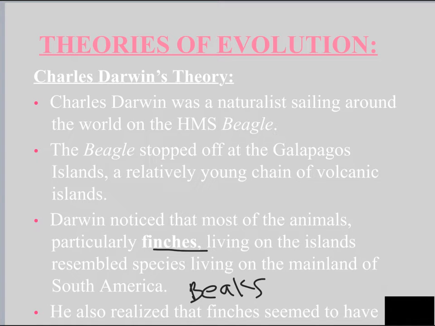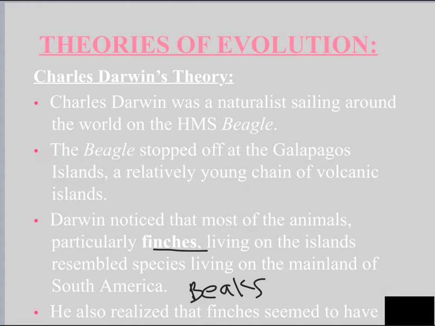There was a finch with a hooked beak that was good for eating meat, so that finch was probably feeding on things like mice, smaller mammals.